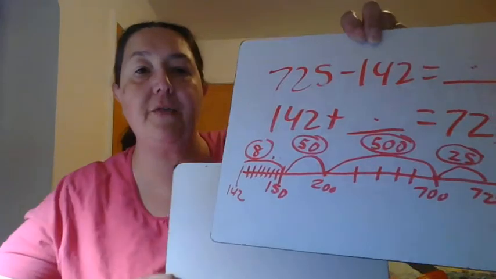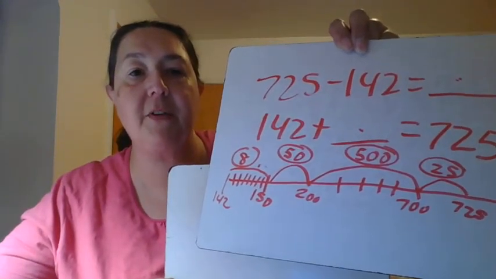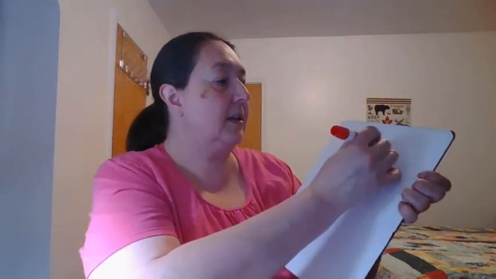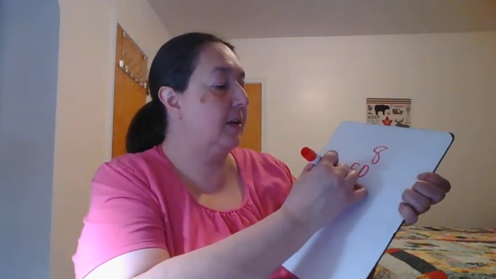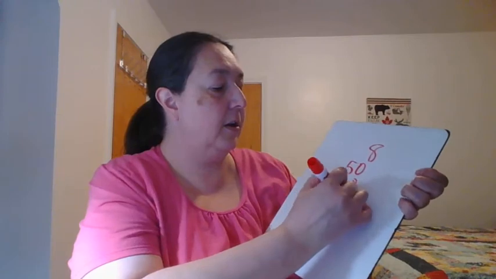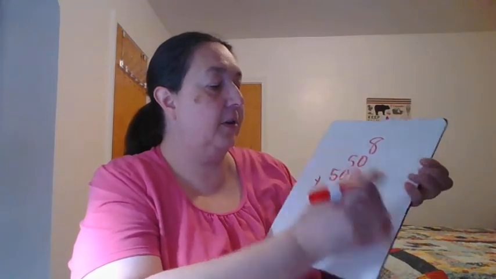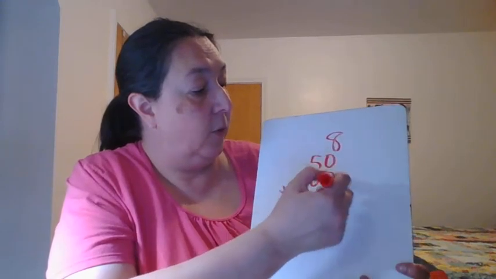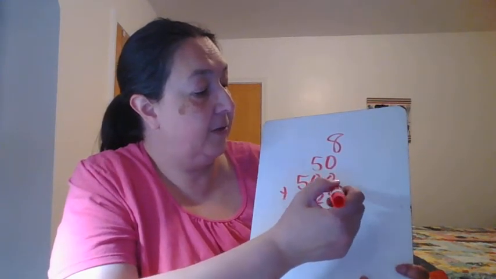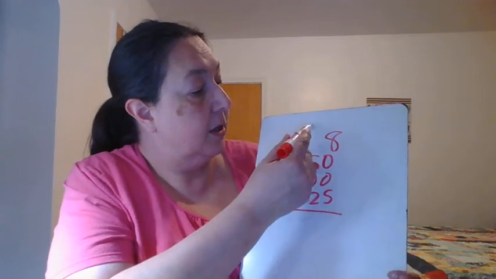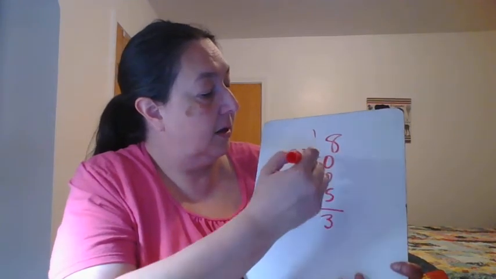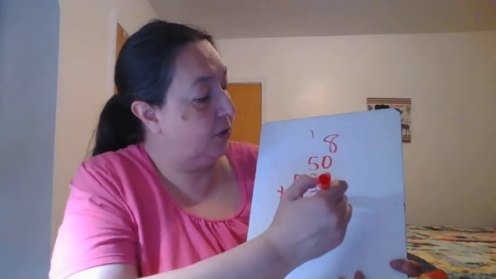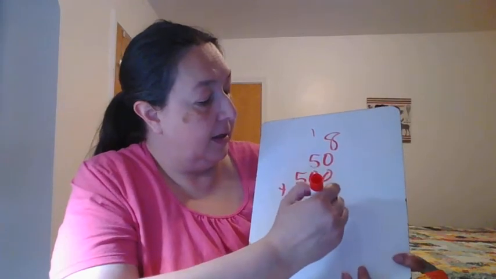So here we have 8 plus 50 plus 500 plus 25. I can do it like this. If I stack them all up nice and neat with the ones, 8 plus 5 is going to be 13. 7 plus 1 plus 2 is 8.